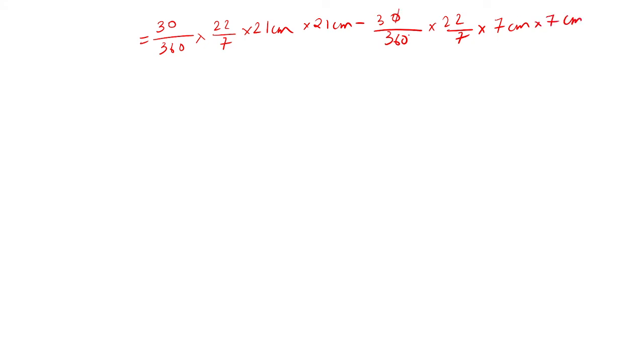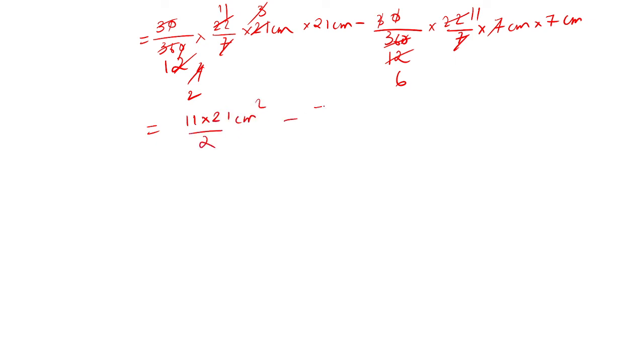So you just cancel out, 0, and this would be 3 ones 3, 3 times 2 is 6, 7 times 7, 2 times 6 is 12, and 2 times 11 is 22. I start cancelling here. So you're left with 11 into 21 centimeters square by 2 minus 77 centimeters square by 2.